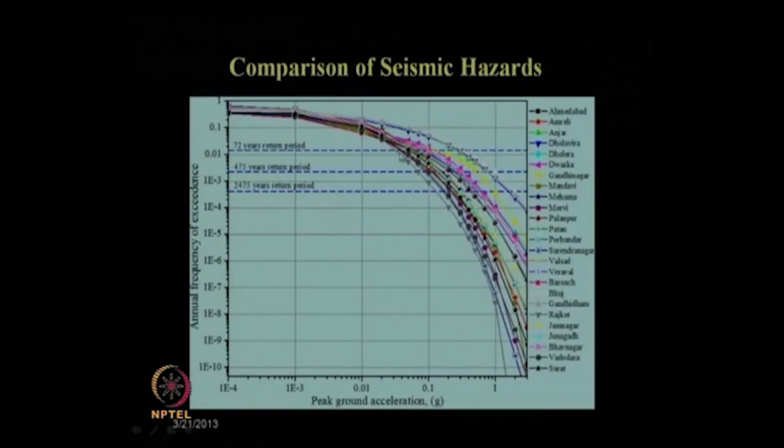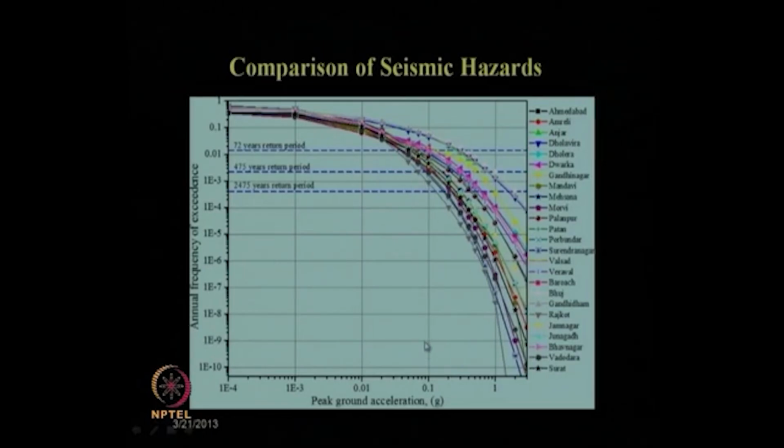All the 25 cities we have combined in this picture, and you can get a rough estimation of the lambda Amax versus Amax plot of various seismic hazard, and correspondingly you can go for a selected value of Amax.